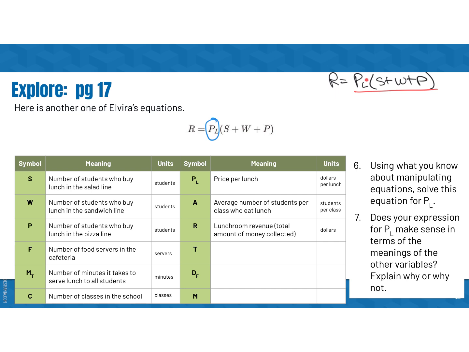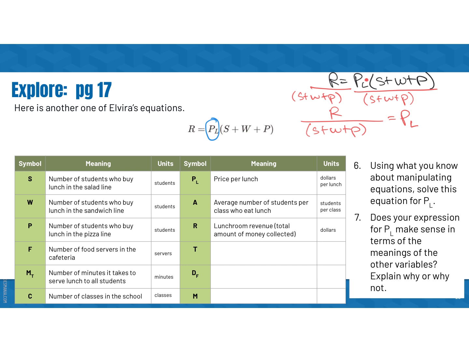I can't put them together, but I can divide by that whole big group. Okay, so we have R divided by S plus W plus P, and that is going to equal P of L.